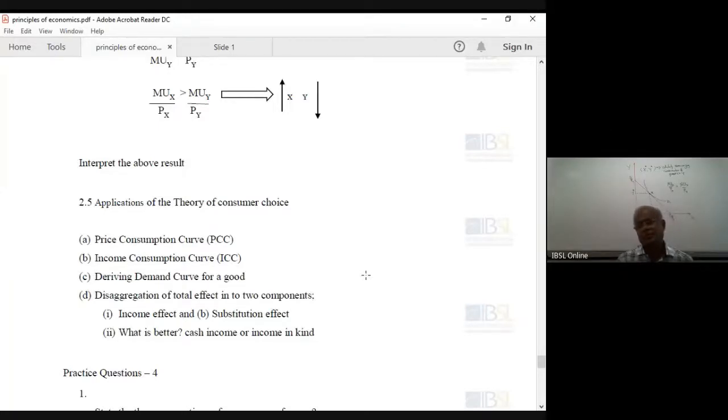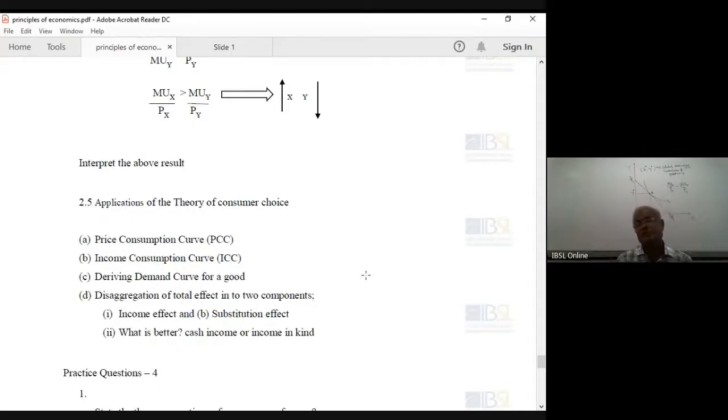Similarly, at the macro level, government can give poor households 2,500 rupees cash, or the equivalent amount of rice, income in kind. For example, 1,000 rupees to the poor households, or 10 kilograms of rice. If the rice price is 100 rupees, 1,000 is settled. Cash income versus kind income.